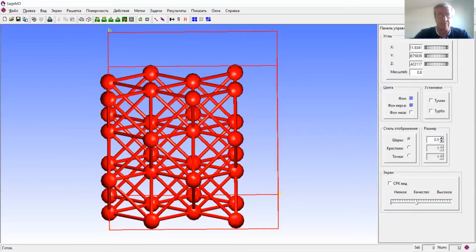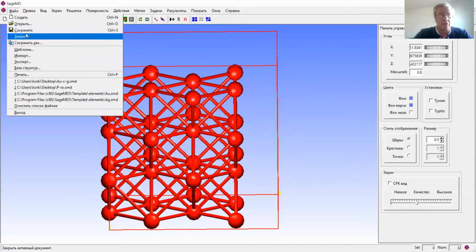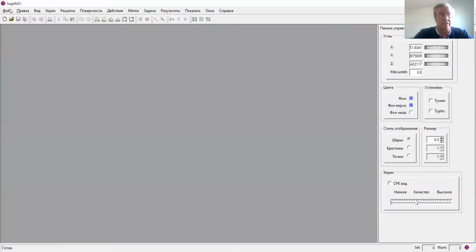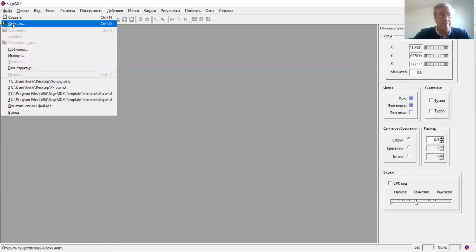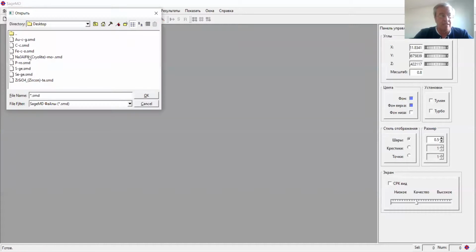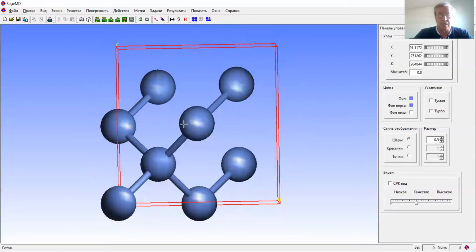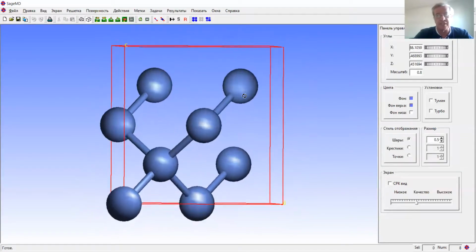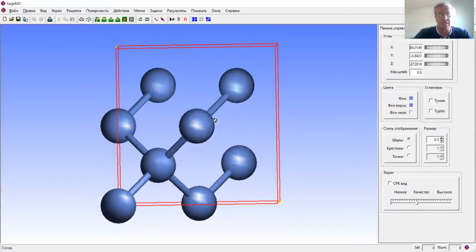This is the first example. And another example of the cubic symmetry is our carbon diamond structure. We already talked about it in the first lesson on SageMD.